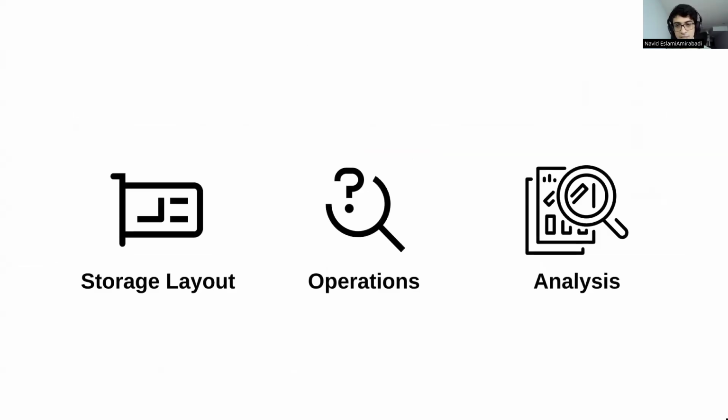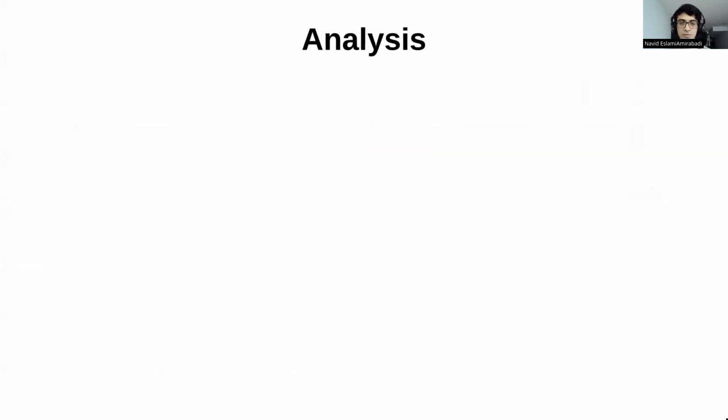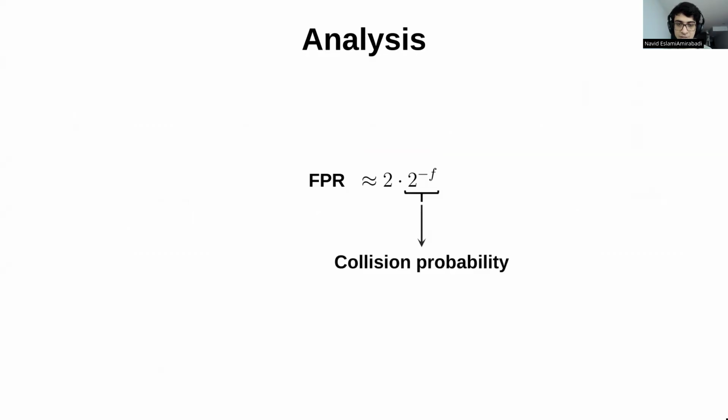Okay, so that's how operations are handled. Let's briefly talk about the analysis. We show in the paper that the Memento filter achieves a false positive rate that looks something like this expression. So here F is the fingerprint length, and because false positives only occur due to fingerprint collisions, 2 to the negative F is the collision probability that we care about.